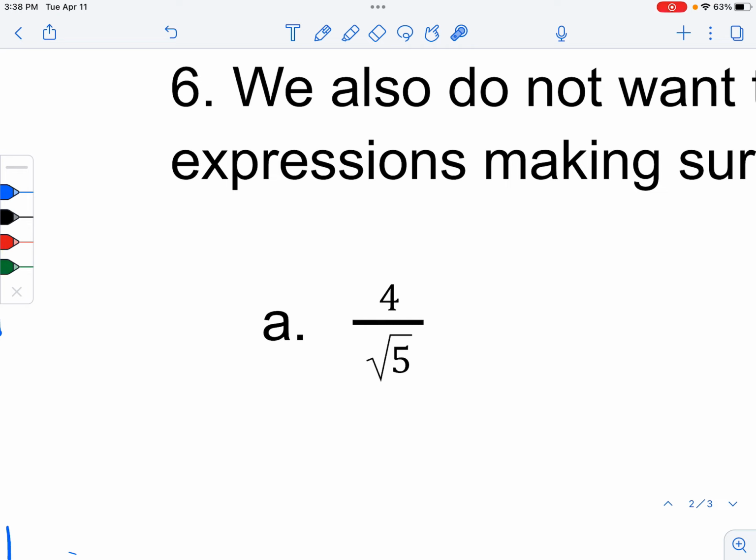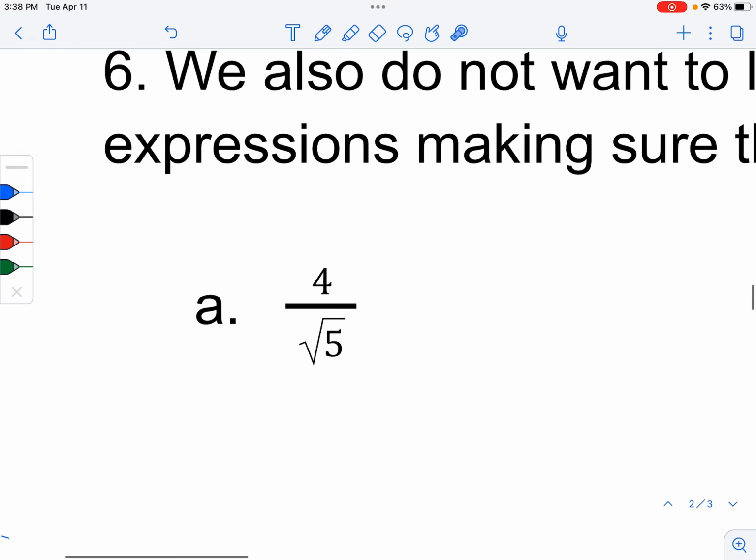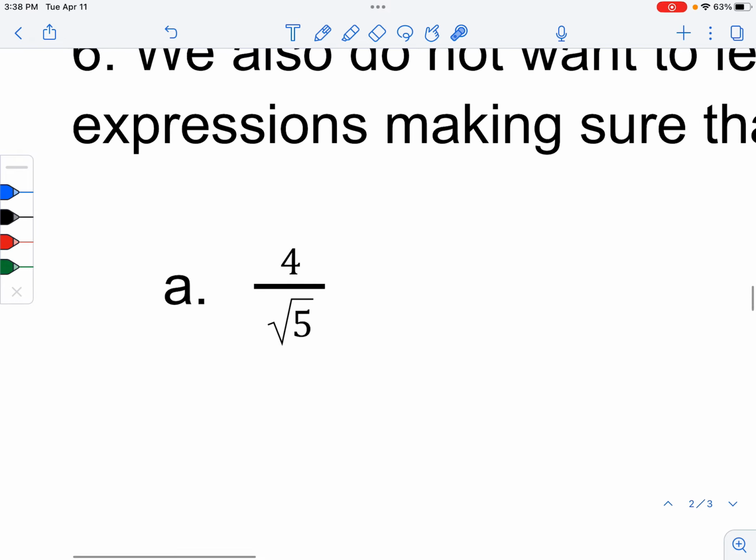So the one thing I can do to make something look different but mean the same thing is multiply by 1. Right? I can always multiply by 1 and still have the same value, the same number. So we might think about, well, what does it look like to multiply by 1? We're going to think about some things that are actually equal to 1 that we might not think about. So if we think about any two numbers, for example, 3 divided by 3, that is equal to 1.